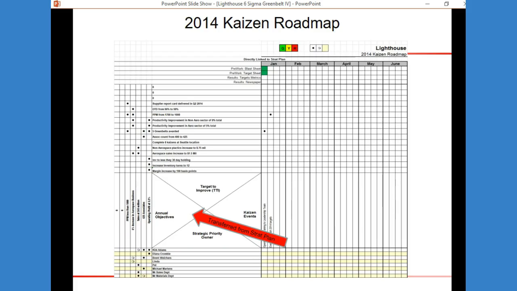So that's the annual objectives and targets to improve, all transferred from the strat plan. And then, of course, the Kaizen schedules are based on your target to improve plan. And then dots show the relationship again. And then that just shows the status of the event, the green, yellow, red up above.